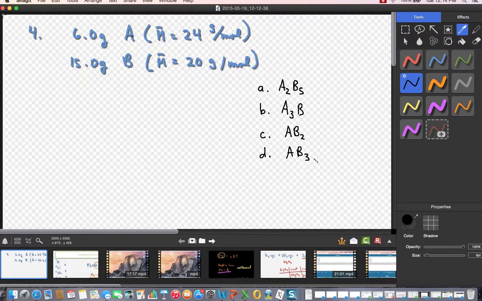In terms of a strategy, it's a two-pronged strategy. Number one, let's find the moles of A and the moles of B. Number two, let's divide by the lowest number of moles.